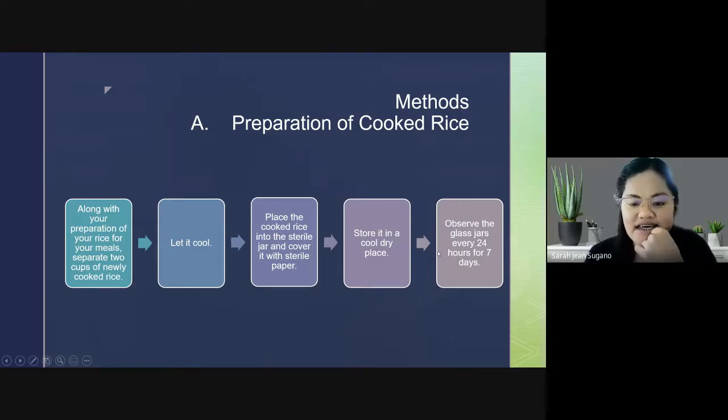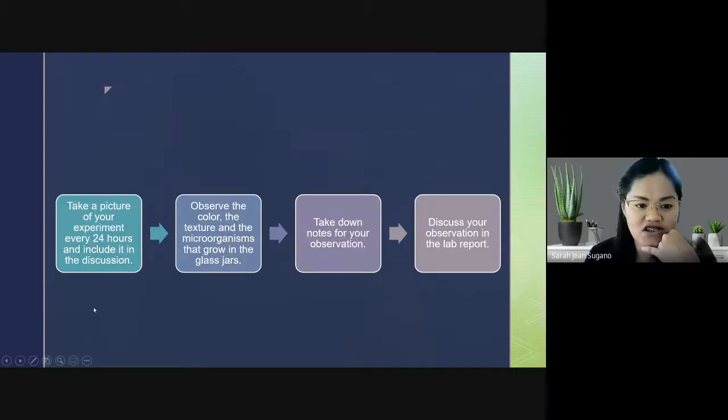Okay, and then after that, you have to observe the glass jars every 24 hours for 7 days. How to observe? Just take a picture of your experiment every 24 hours, and place it in your discussion.